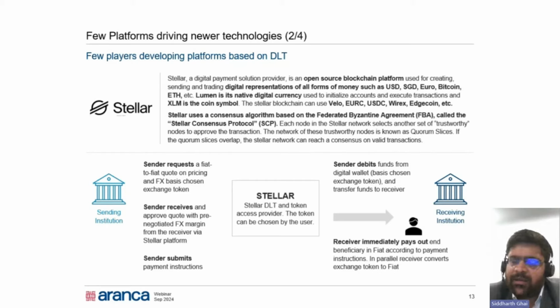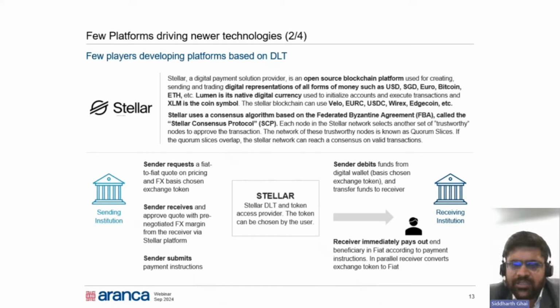So it gives a very wide range of blockchain ledgers, blockchain platforms that can be utilized. One is that it can be Velo, it can be EURC, it can be USDC, Virex, Edgecoin. These are all the blockchain platforms that Stellar provides, and it has a native currency.